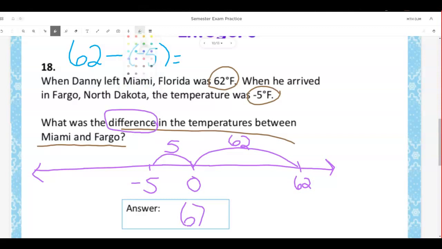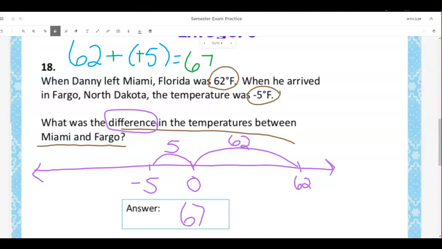Okay. And when we have minus a negative, keep change flip, becomes plus a positive. 62 plus 5, 67. But then I got to think, is it positive or negative?